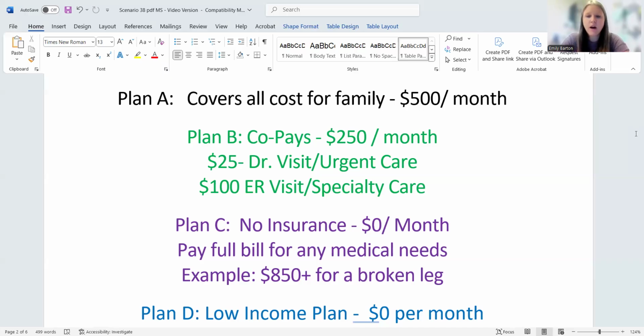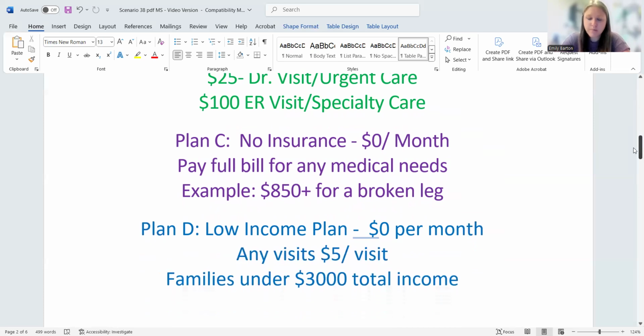So it's kind of a chance if you pay nothing, but you have to pay a whole lot if something happens. Then we have Plan D, our low income option. You do not pay anything during the month. You have $5 visits for anything emergency, anything doctor visit, if it happens. But you have to make less than 3,000 total income.